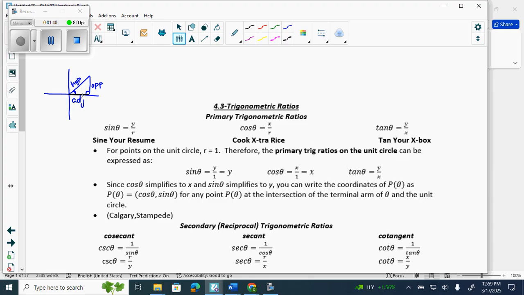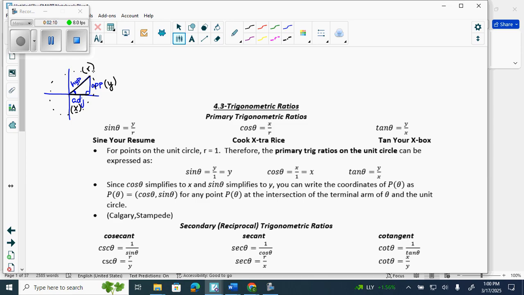The x axis. So adjacent and x are interchangeable. And opposite would go with what values? Y. So y and opposite are interchangeable. And the hypotenuse, if you can imagine, these are always going around like this. The hypotenuse is interchangeable with r, because it's the radius of the circle.